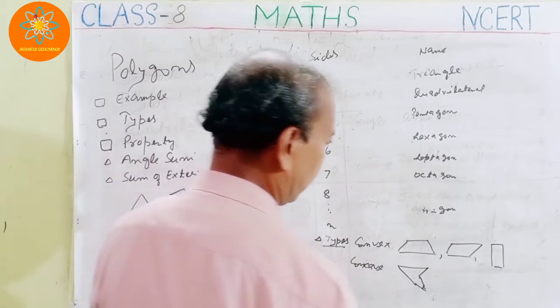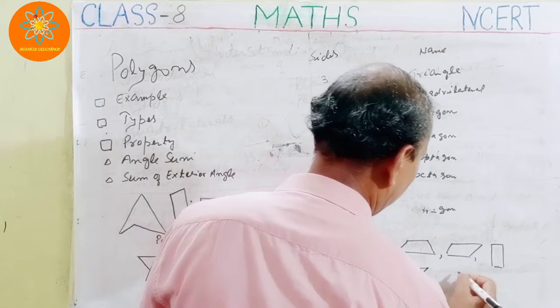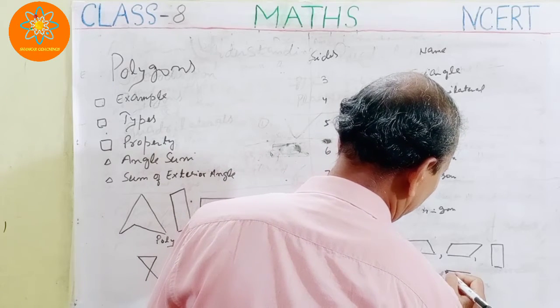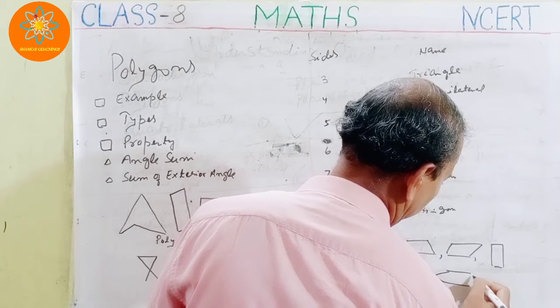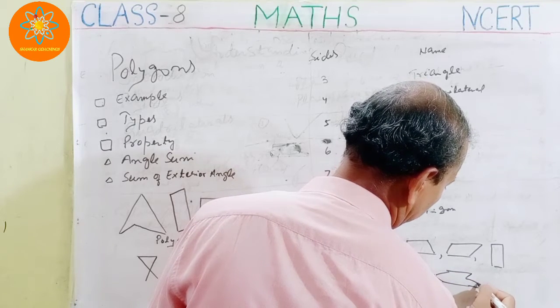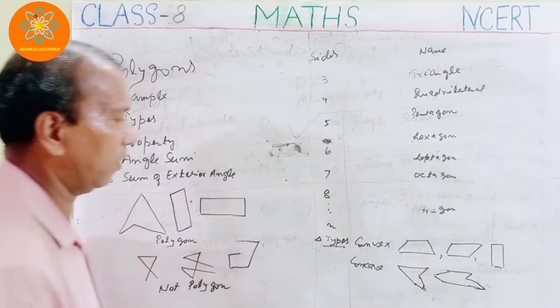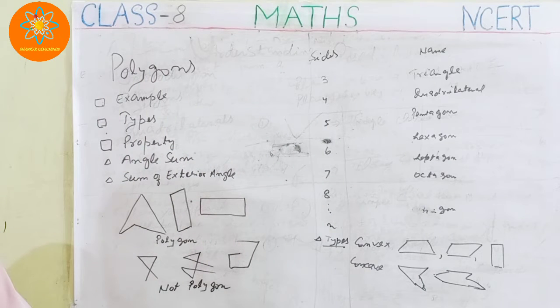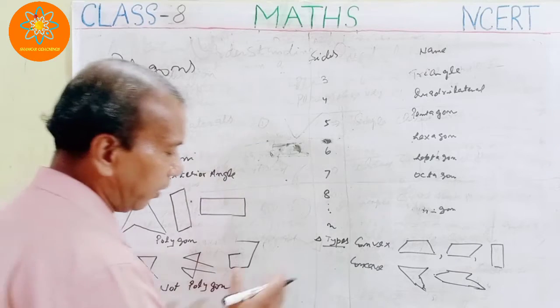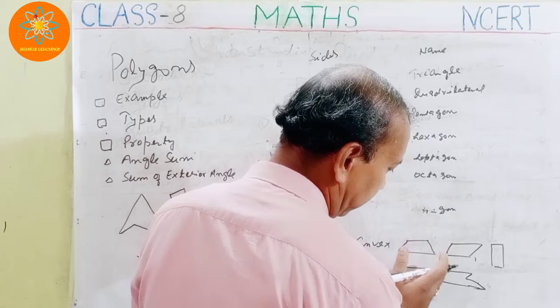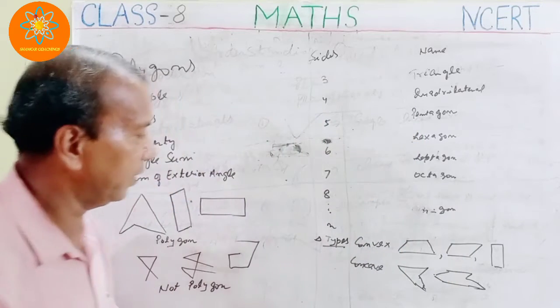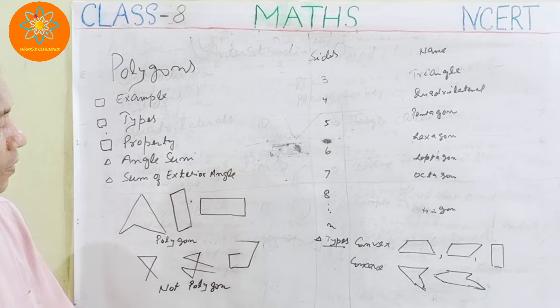Next one is this is also a concave polygon. This is also a concave polygon. So convex polygon and the concave polygon. If you make the diagonal, there are not any exterior in the convex one.